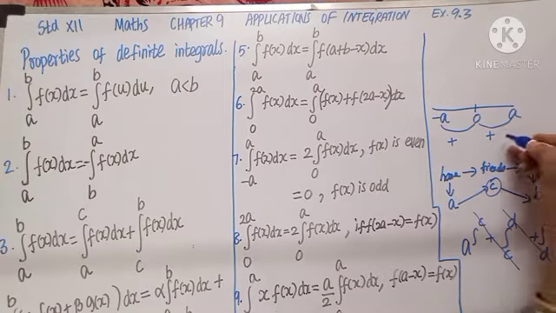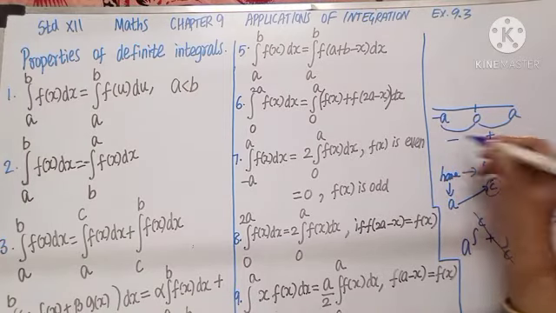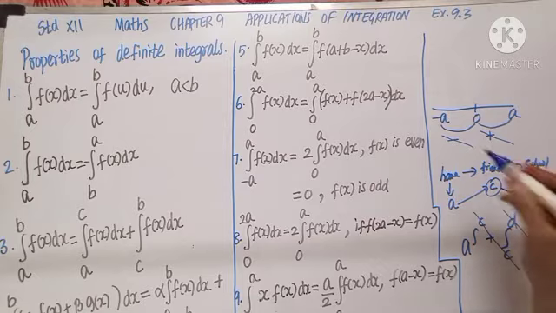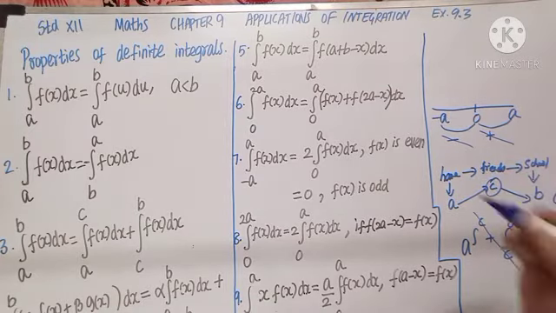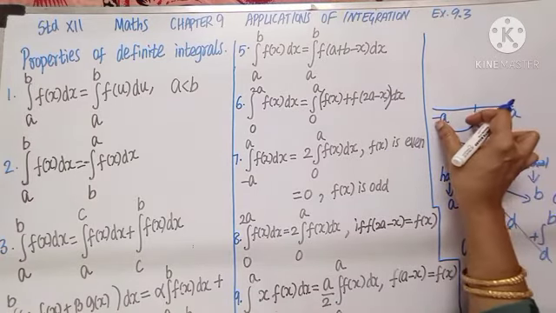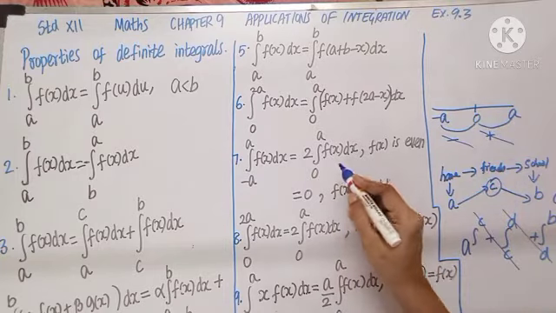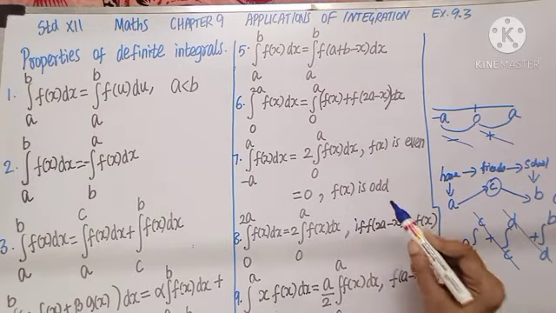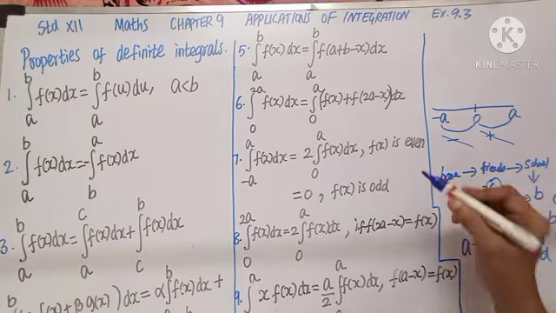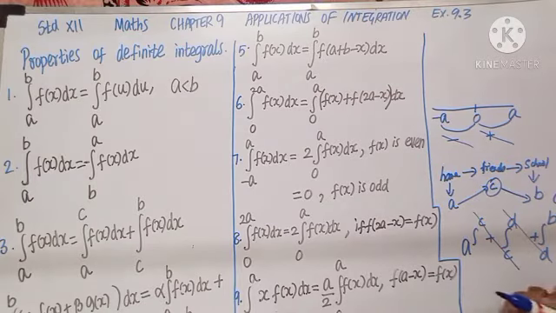If one is plus and the other one is minus, they get cancelled, giving us 0. How am I to check whether both are plus or one is plus and one is minus? If f of x is even, both will have the same symbol, so put twice. If f of x is odd, one will be plus and the other minus, and I will get 0. How do you declare a function is even or odd?